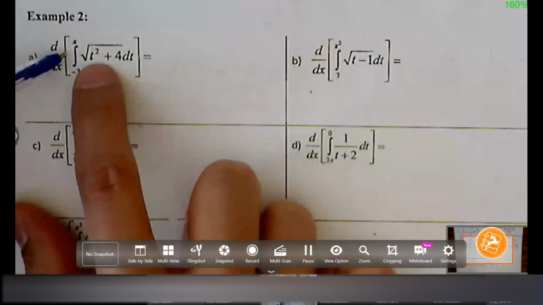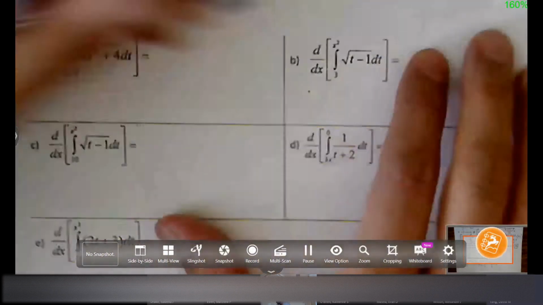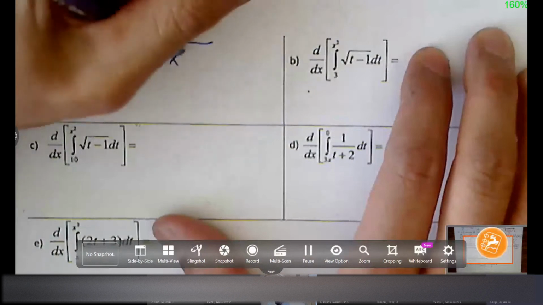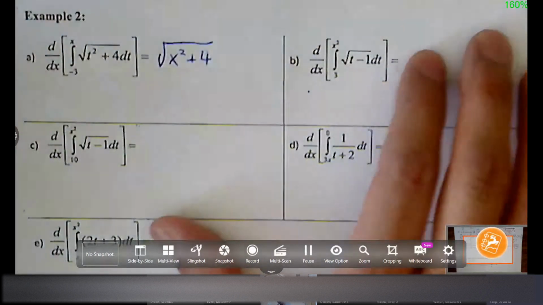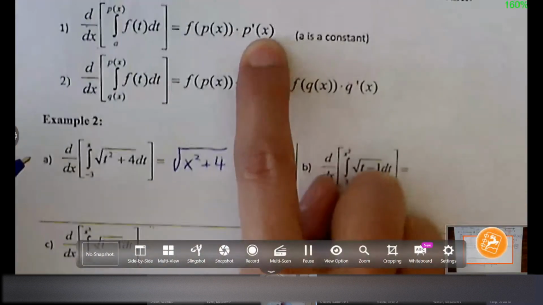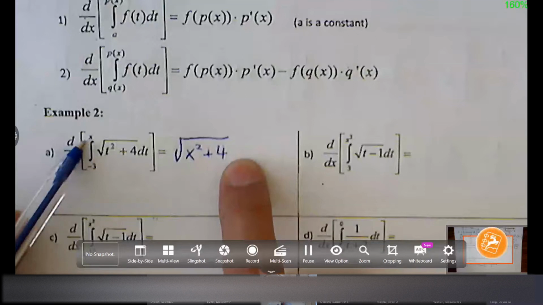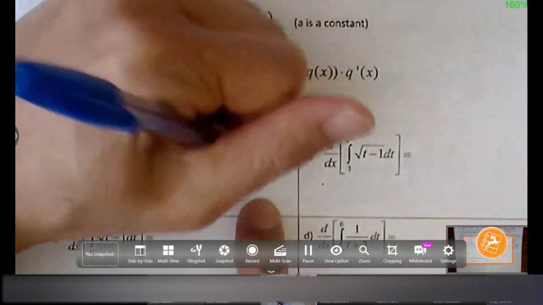What is that going to look like? We replace t with what? x. So the square root of x squared plus 4. And then the derivative is going to have an impact on the x, so we're going to multiply times p prime. What's x's derivative? 1. And that's it.